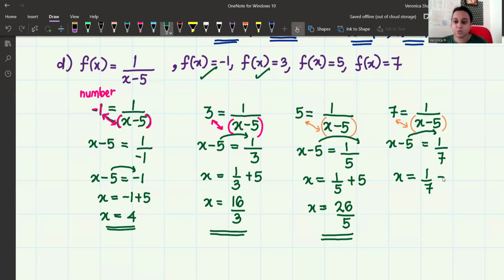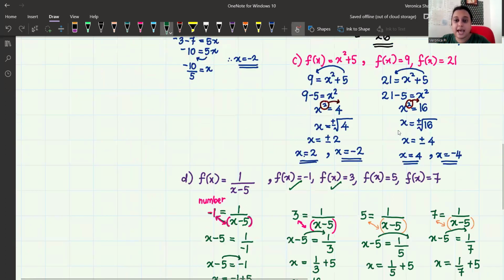So it becomes 1 over 7 plus 5. So dapat 36 over 7. Inilah objek dia. Selalunya we don't write in perpuluhan because the perpuluhan is too long. If the perpuluhan is very short, then tak apalah, boleh. Okay, tapi we just leave it as pecahan lah.